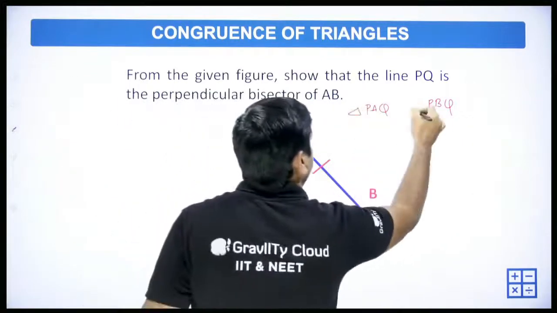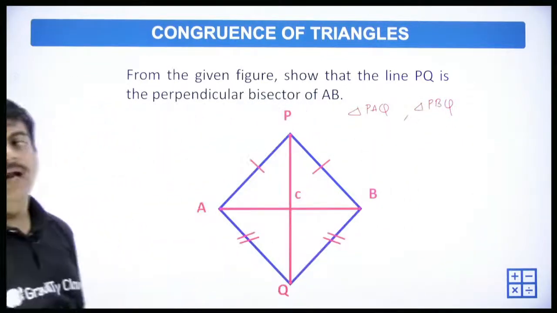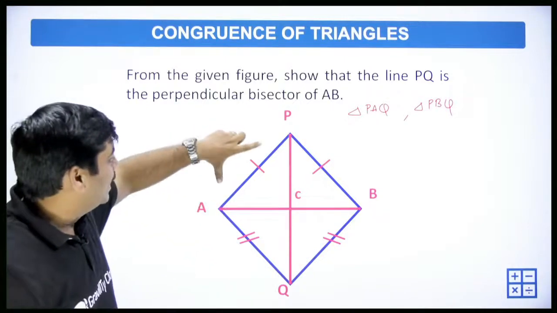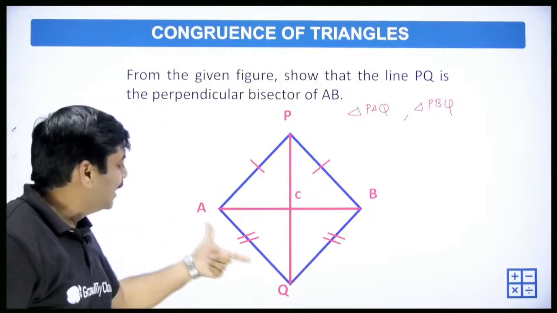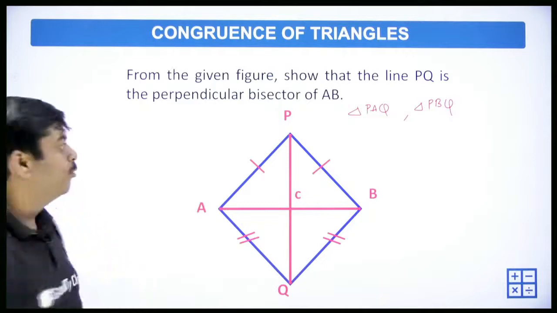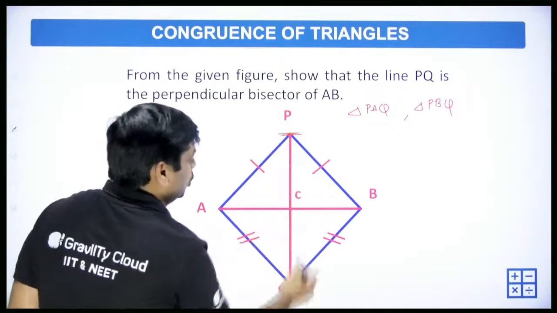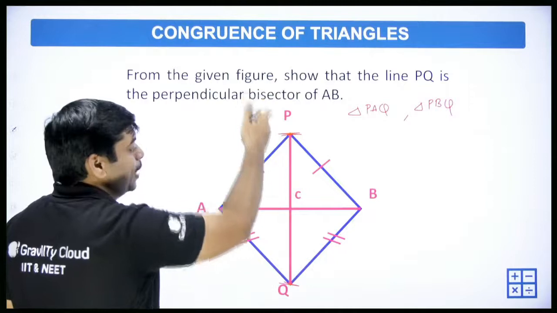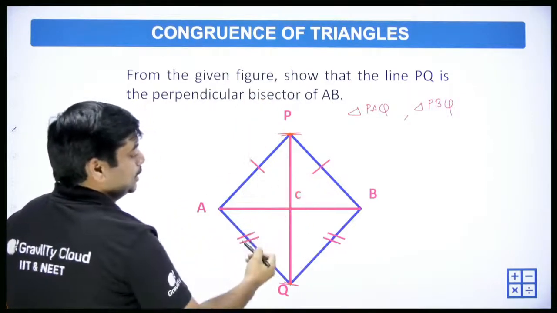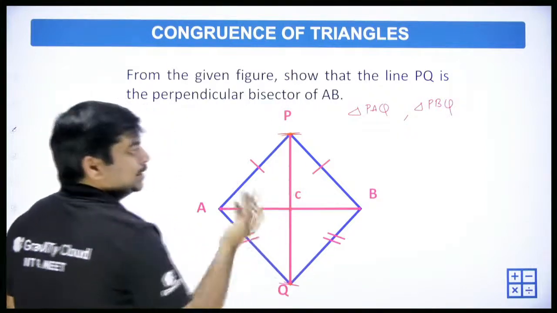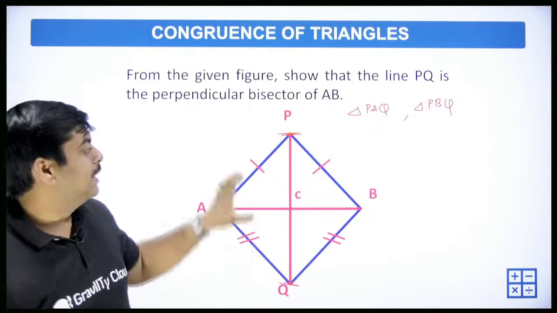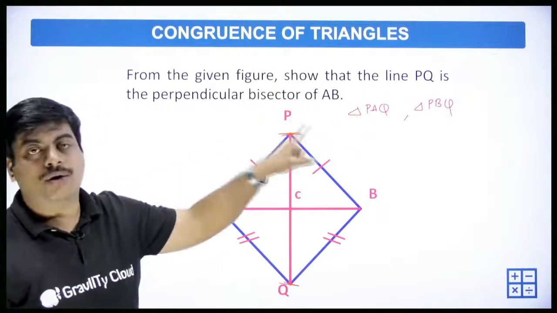When I want to see the values, we need to compare AP and PB, and AQ and BQ. You can also see one more thing: PQ is the common side. This side is equal to this one, this side is equal to this one, and the common side is the same for both of them. So using SSS congruency, we can say these two triangles are congruent.